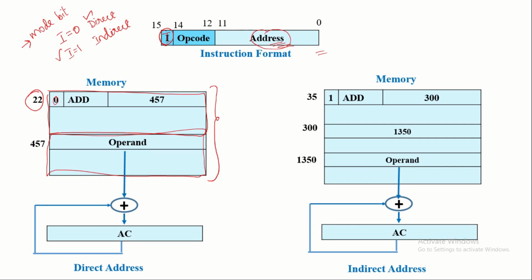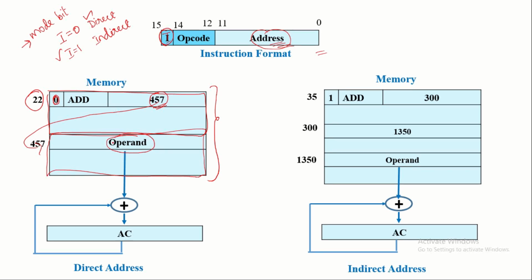Since the I bit contains the value 0, it represents that the address part contains the direct address of the operand. So if the processor goes to this location, it can find the operand.